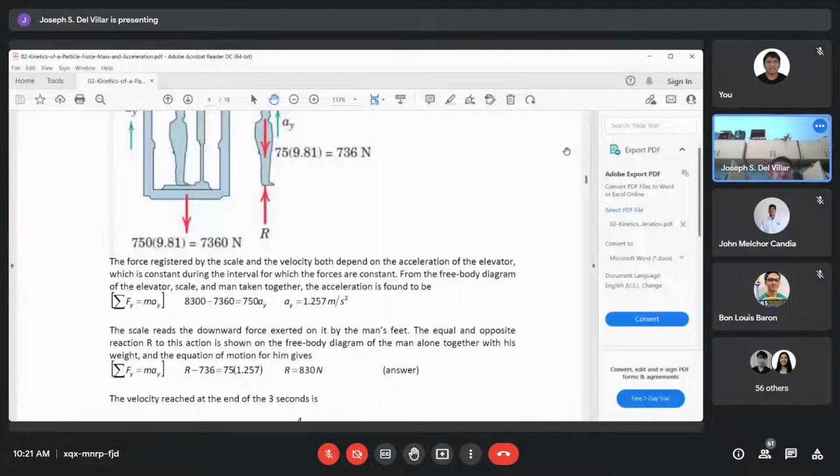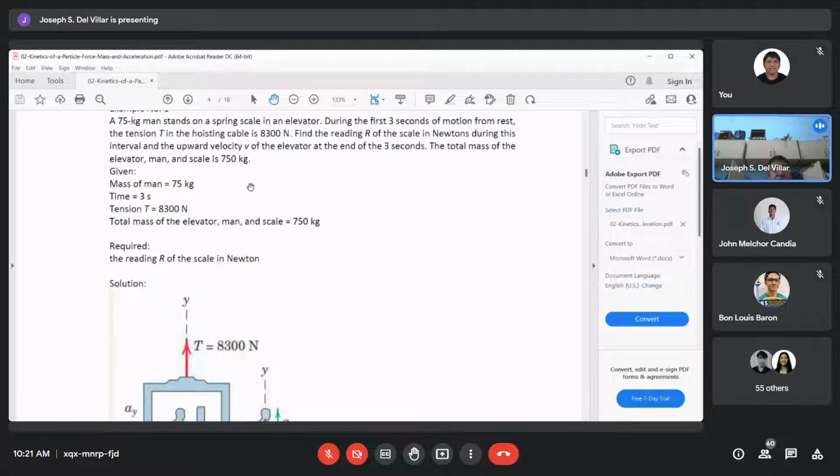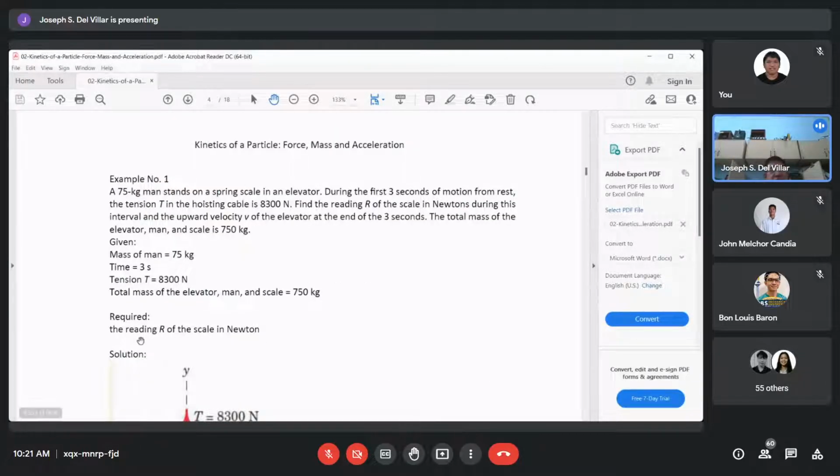Okay? So that is the reading, no? And that is the answer. Okay? So dito, kinonsider na lang siya. Okay? Kasi if you try to analyze the problem, the man is standing on a spring scale.